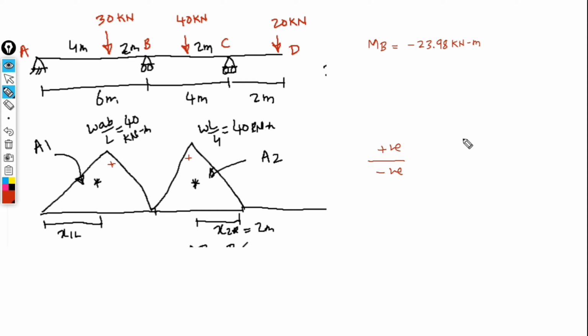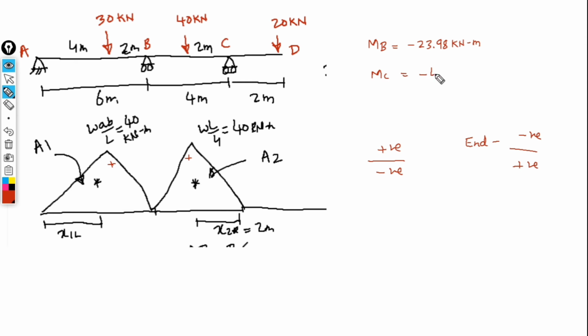With respect to the end moment, we have a different sign convention because we are superimposing the end moment onto the free bending moment diagram. So above the datum you indicate negative bending moment, below the datum you indicate positive bending moment. So MB is negative, and even MC we can directly calculate by considering this span.